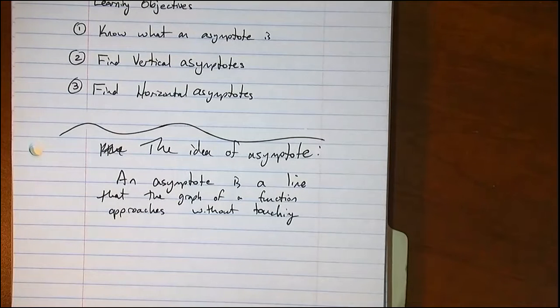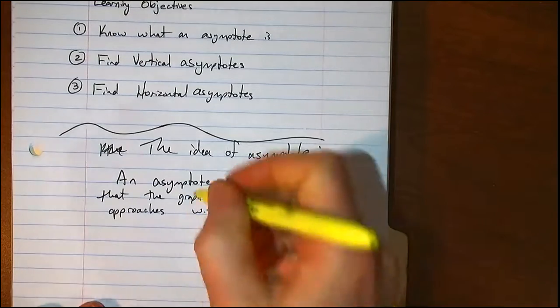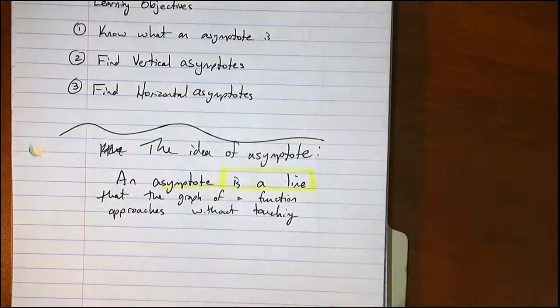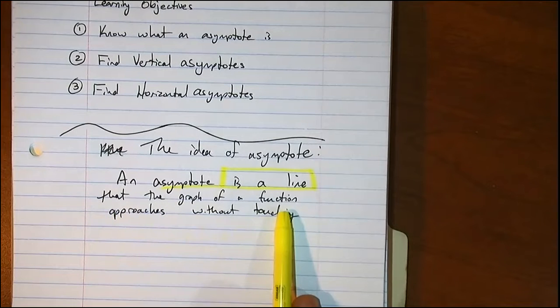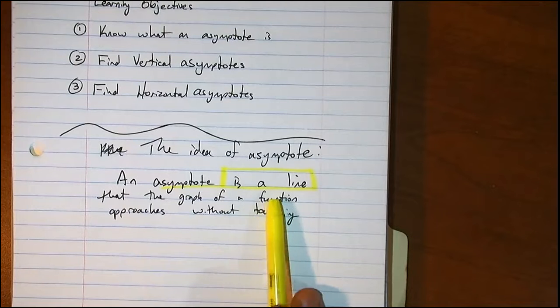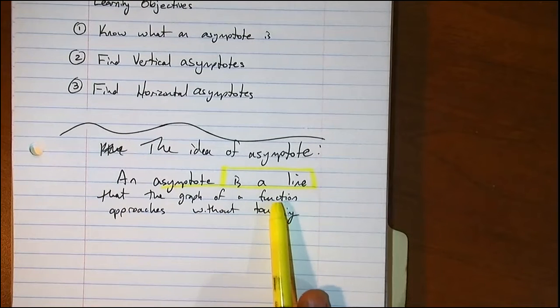Okay, the asymptote is a line. So first of all, that's what it is, right? The asymptote itself is a line. In our class, all of our asymptotes are going to be lines. So anytime you're working with an asymptote, it's always going to be a line, all right? And specifically, it's a line that the graph of a function approaches without touching. Approaches without touching. So notice the function is not a line.